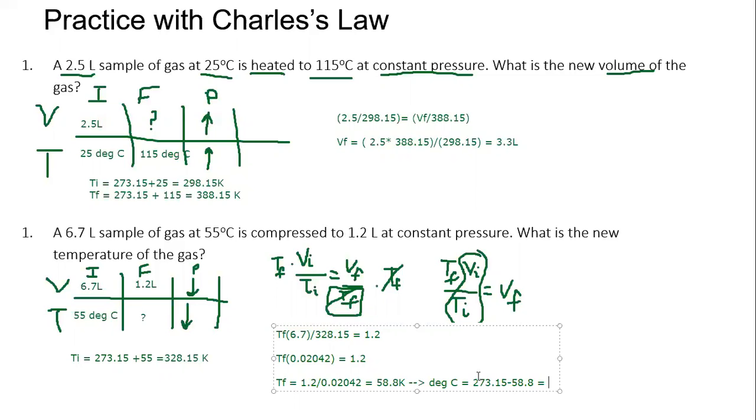And we get 214 Celsius. So that's the final temperature. Did something go wrong? Let me go back and check. Oh, that's where I made my mistake.